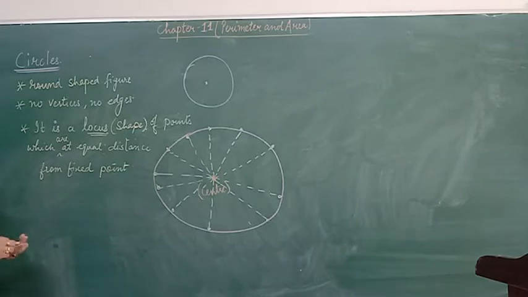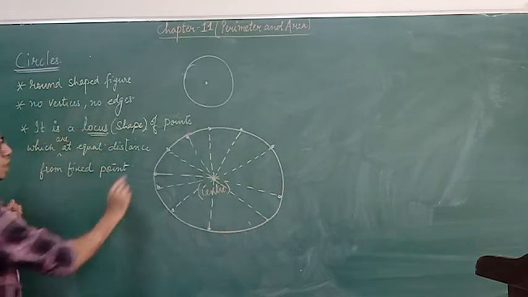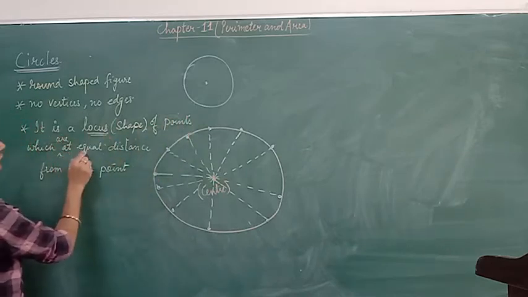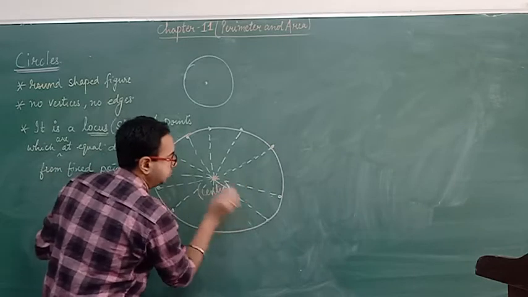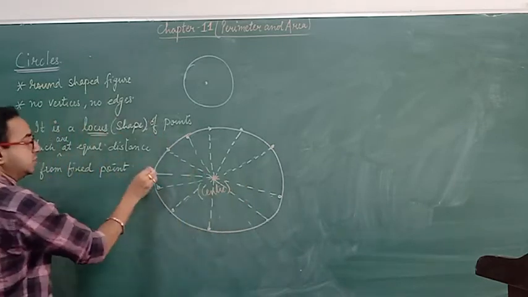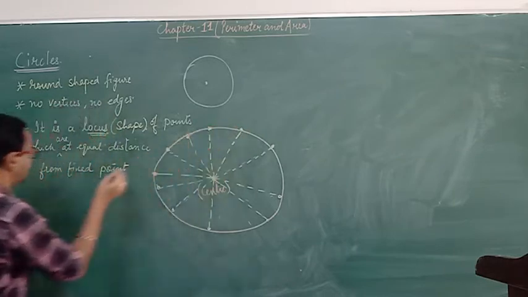Understand, very important. Locus means shape. I got a circular shape, no doubt, of points which are at equal distance. All these points are at equal distance from the fixed point.